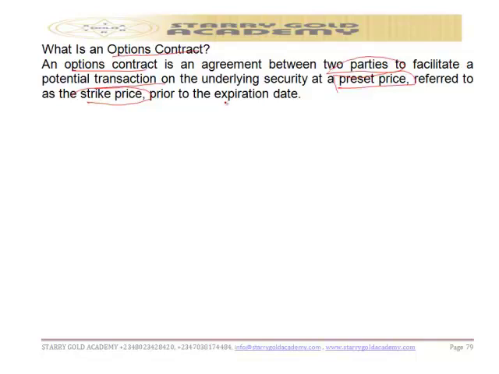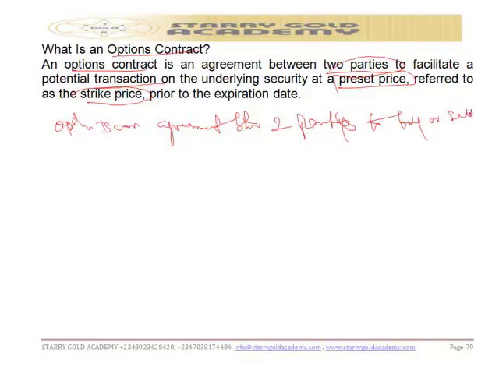That's the option contract. But option itself, like what we said earlier when we were discussing the derivative market, is an agreement between two parties.